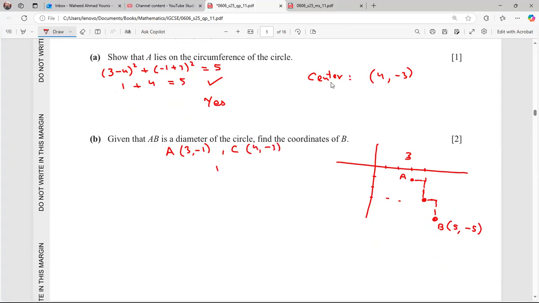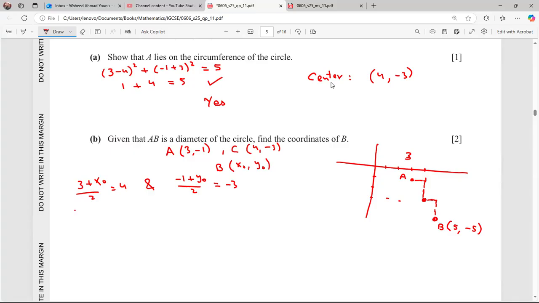So let's assume that the point B has the coordinates x0 and y0. And since C is the midpoint of these two, we can say that (3 plus x0) over 2 has to be equal to 4, and (minus 1 plus y0) over 2 has to be equal to minus 3. Make sense?